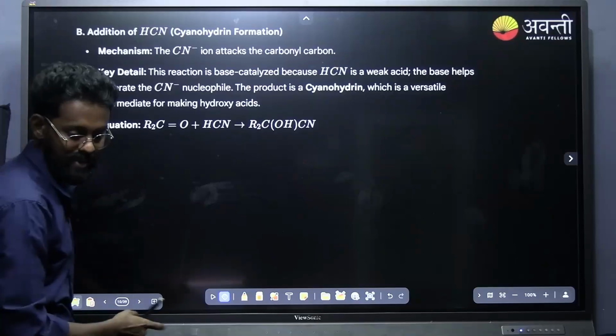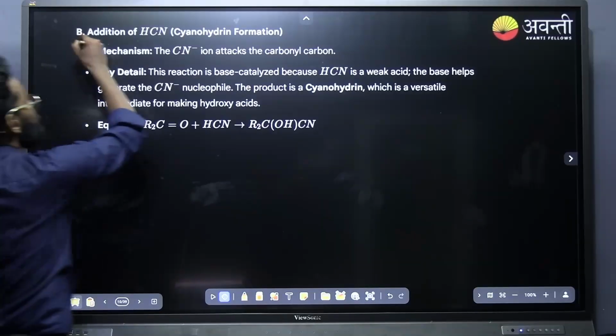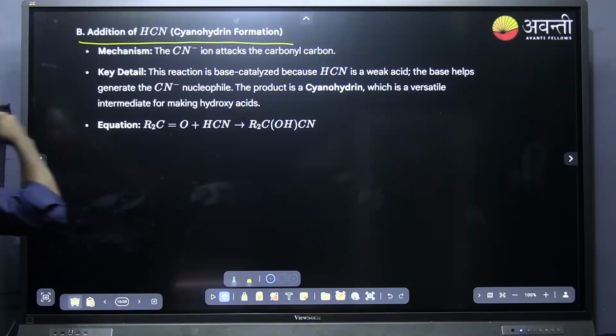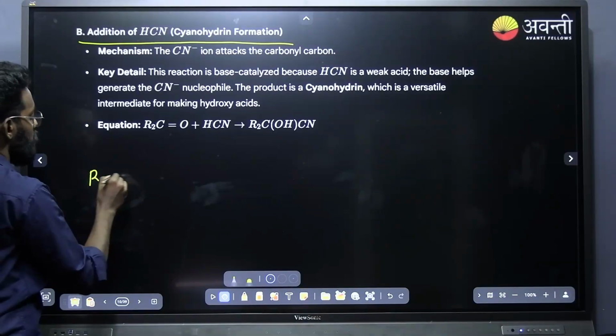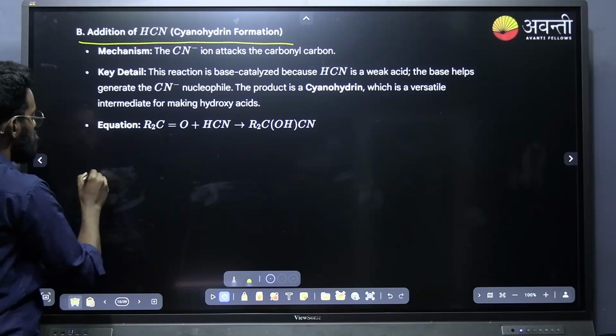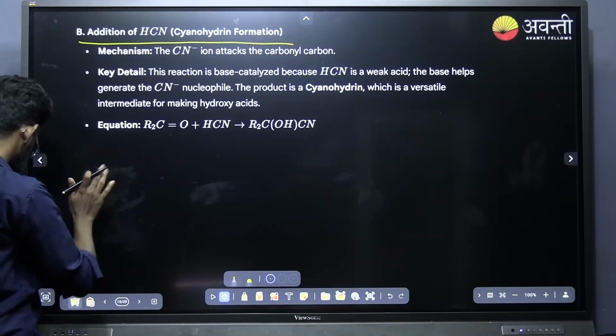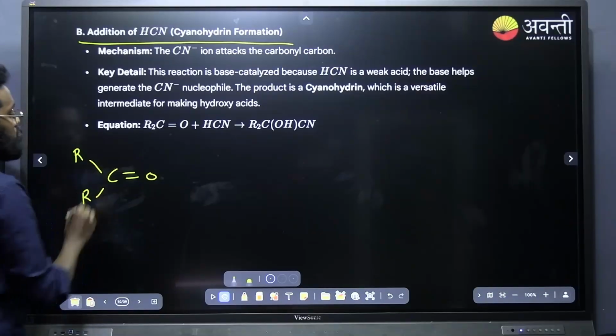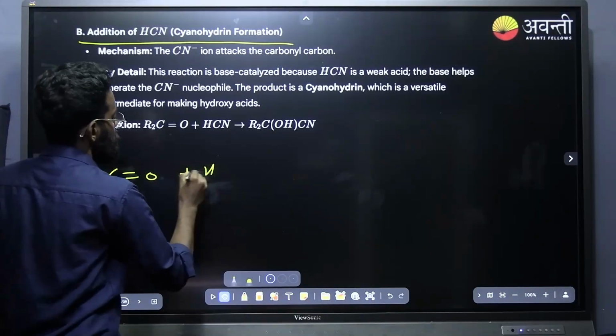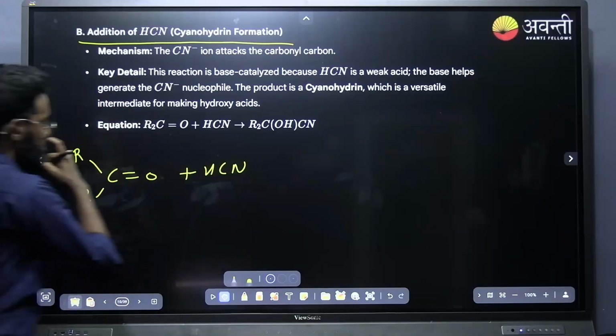Okay. Yes. First one is addition of HCN, that is cyanohydrin. Cyanohydrin addition is very easy. What you have to do is just take RCOR. I am just taking a ketone, and the ketone reacts with HCN. What will I be getting?